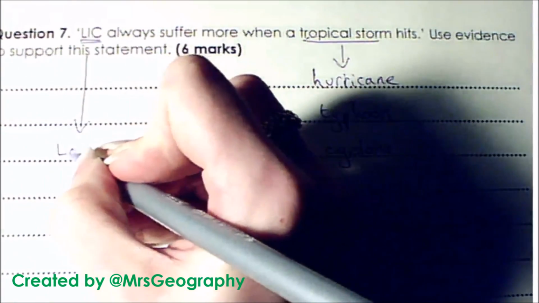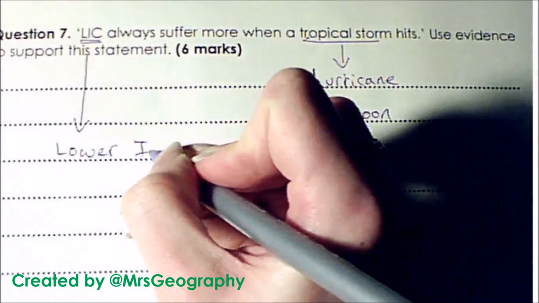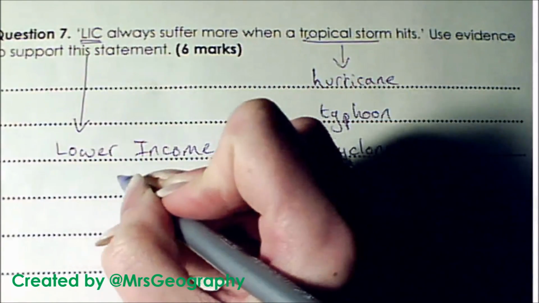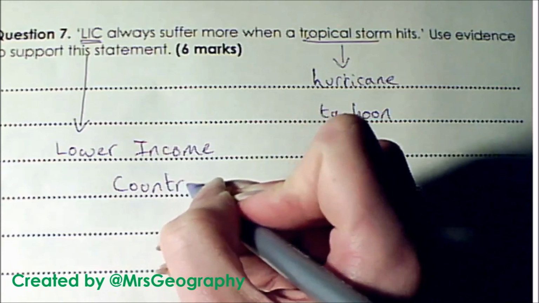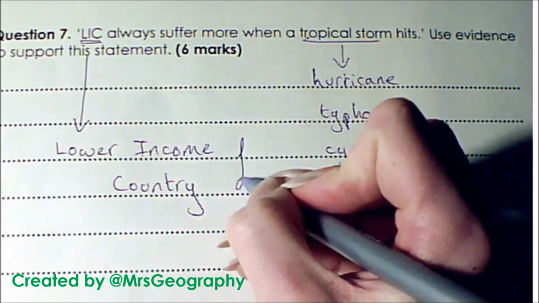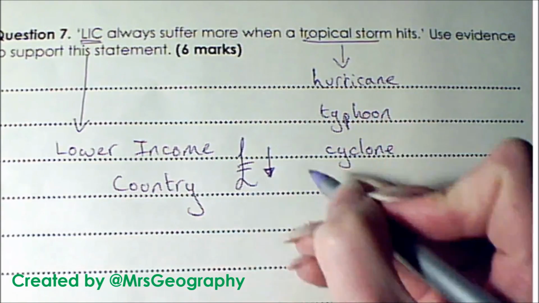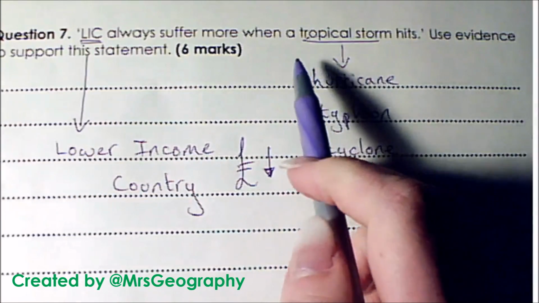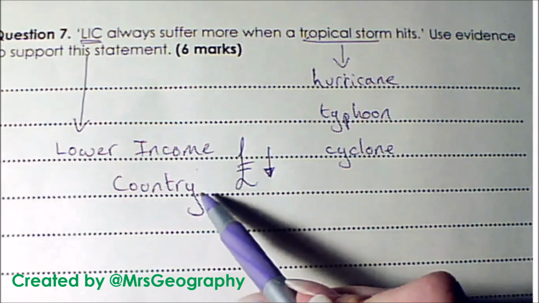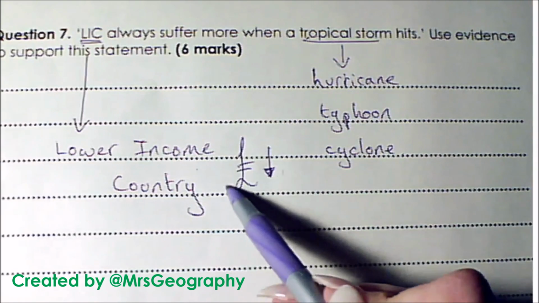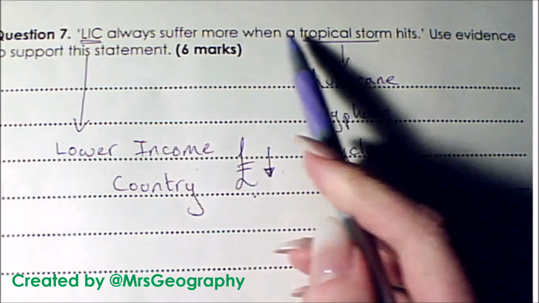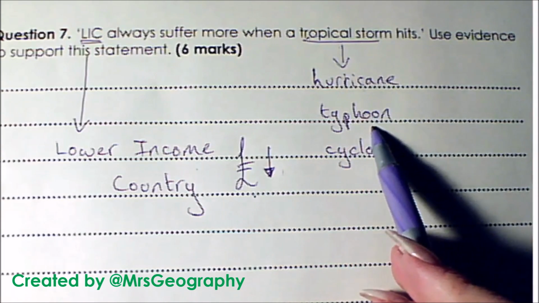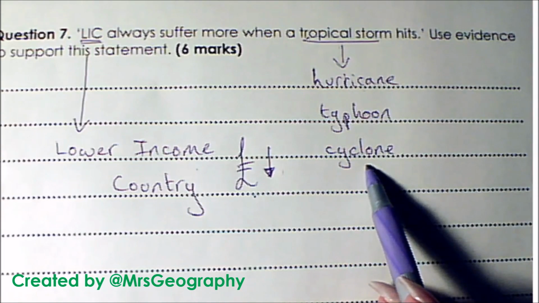So LIC stands for a lower income country. A country that doesn't have a lot of money. Now knowing this, basically we're saying that low-income countries with not a lot of money suffer quite a lot from tropical storms, hurricanes, typhoons, cyclones.